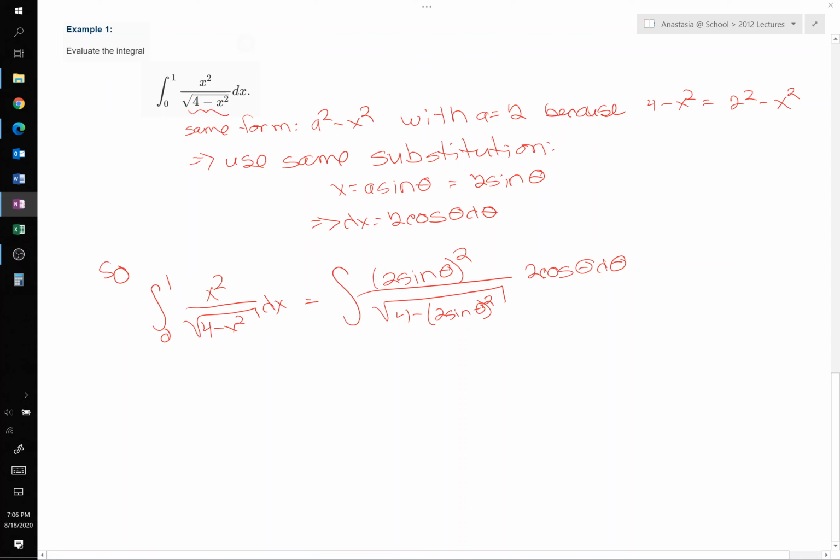Now coming back to the bounds of integration, just like with a u substitution, we need new bounds.